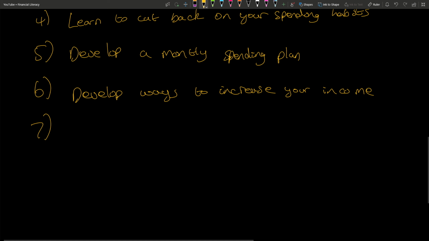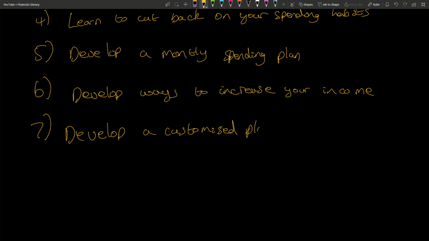Step 7 is to develop a customized plan to get rid of your debt.